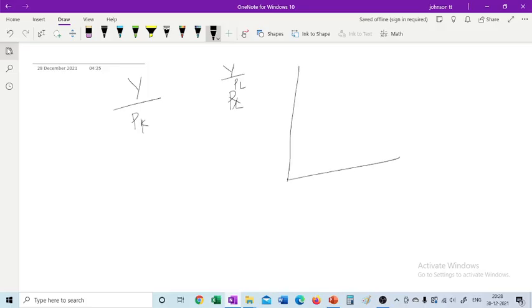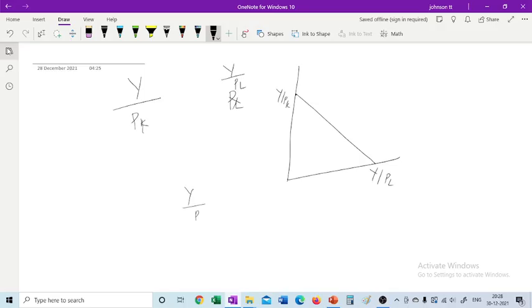So in that case, this is the point Y by PK and this is the point Y by PL. So what is the slope of the iso-cost line?